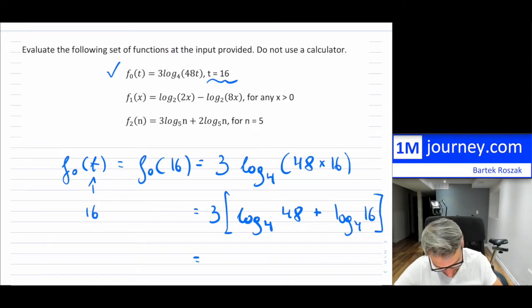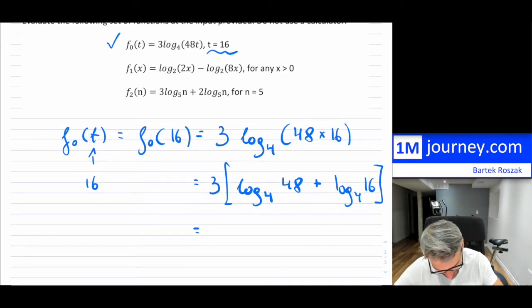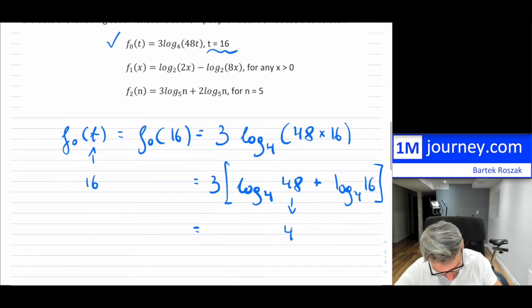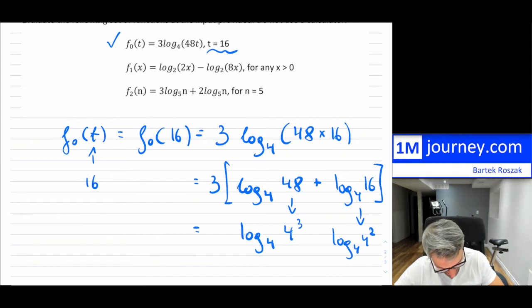And so here, well, 48, is that 4 to the 3? So 4 times 4 is 16, times 4, yeah. Okay, so that's going to be actually 4 to the 3. And this, well, this is just 4 to the 2, because 16 is. So the entire thing means log base 4 of that, and then log base 4 of that.